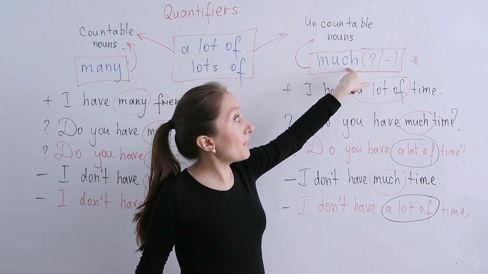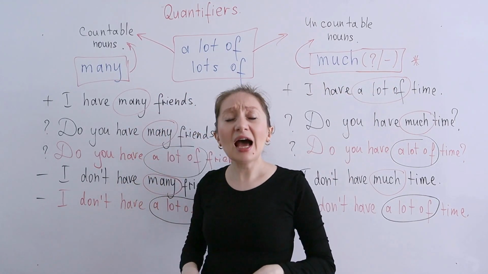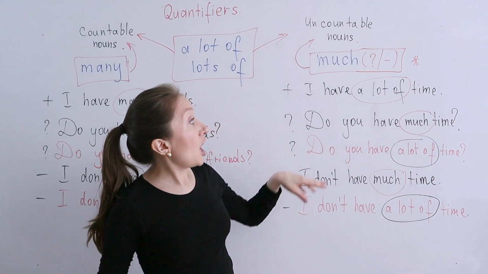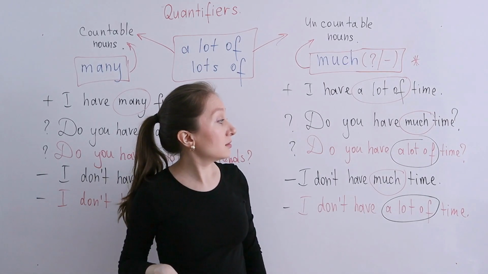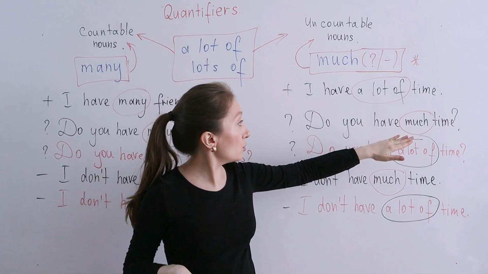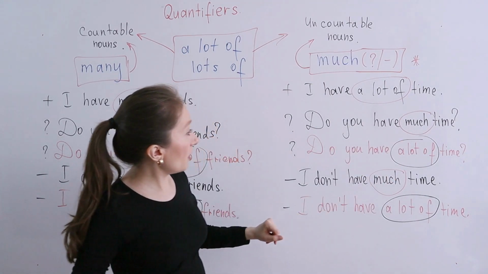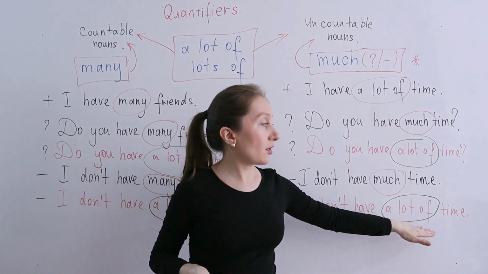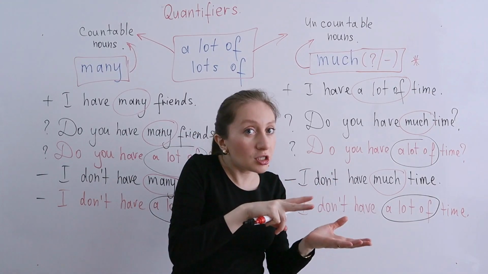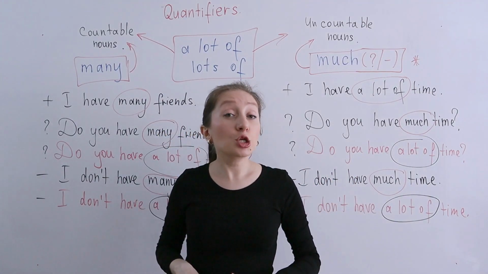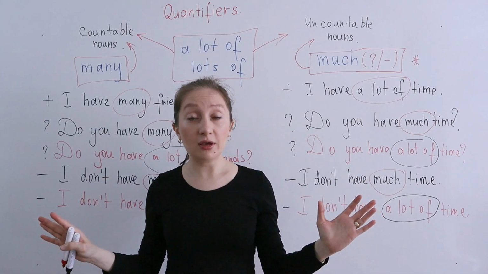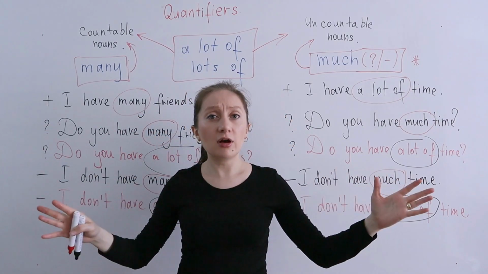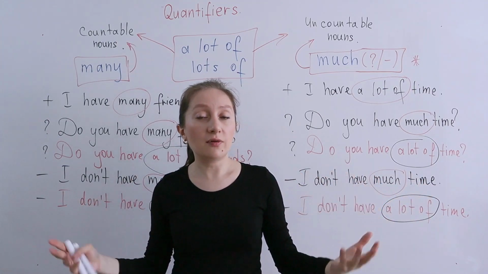I don't drink much coffee. Do you drink a lot of coffee? Right? I don't drink a lot of coffee. You can say with much and a lot of. I drink a lot of coffee. I drink much coffee? No. I drink a lot of coffee. Or lots of coffee, right?